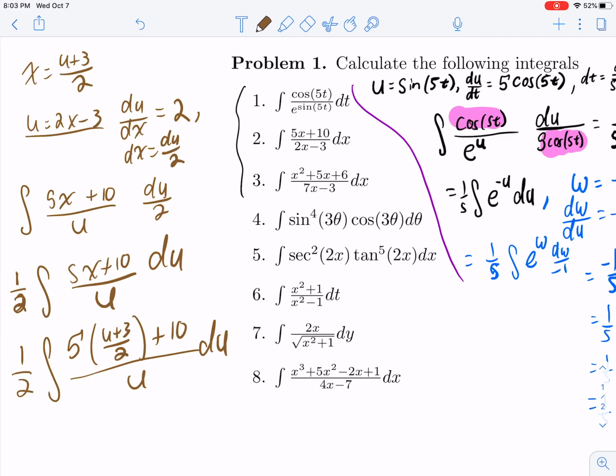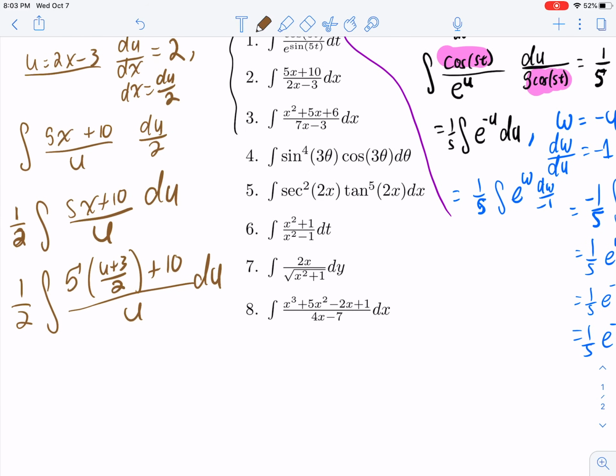All right? Which is then equal to, so what can I do with this 2 here? I can kind of pull it out. So this is 1/2 integral of 5 over 2 times (u plus 3), plus 10, over u du.